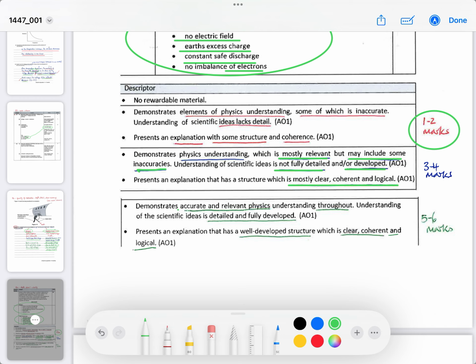And if you have accurate and relevant physics throughout your answer, that's what they're looking for, 5 to 6 marks. And your ideas are detailed and fully developed, and the structure is also clear, coherent, and logical, okay? So these are what they're looking for. Hope that makes sense.